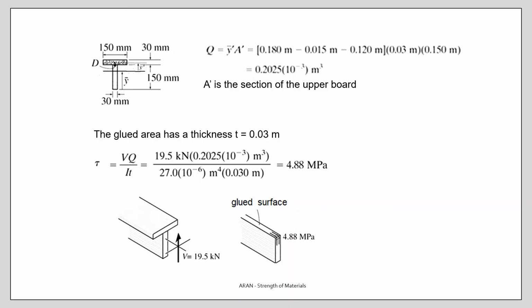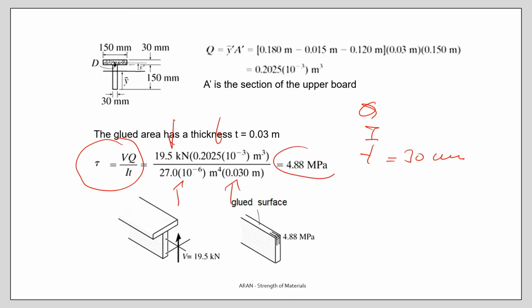Next, now we have everything. We have Q, we have the I value, the thickness is 30 millimeters. Let's put everything together using correct units. You find that 4.88 is the shear stress on the glued surface. It's on the surface and also on the surface.